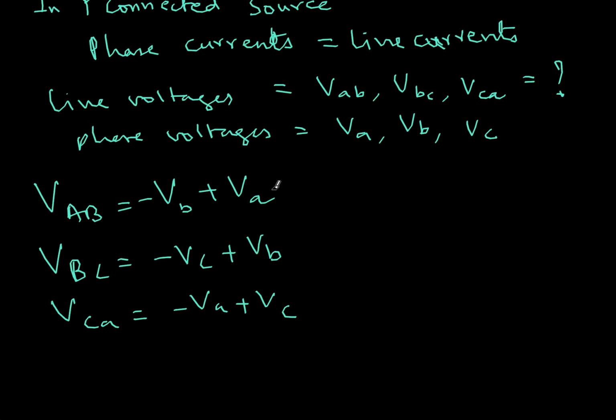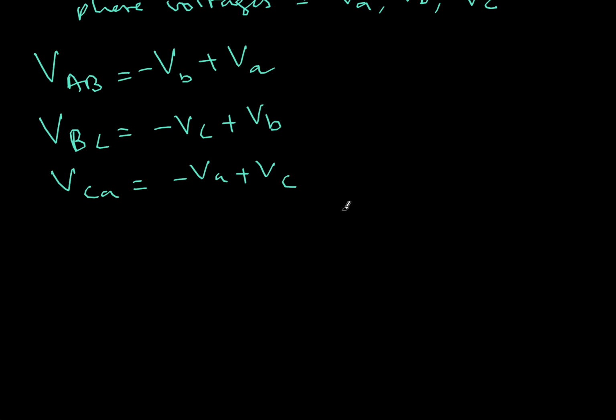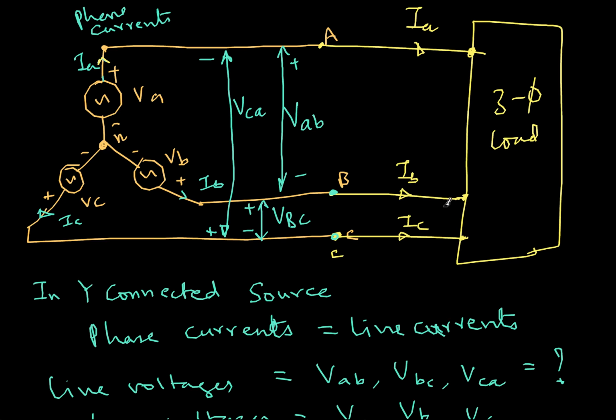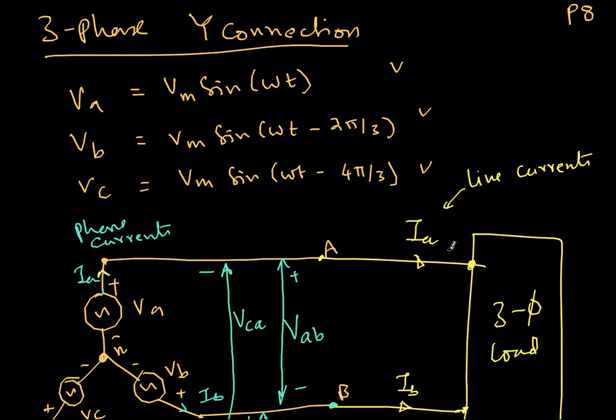So I know VA, VB, all these things, therefore I can calculate VAB, VBC and VCA. Let's do it using a vector diagram. If I want to plot, what are VA, VB, VC?